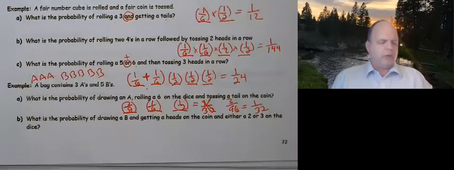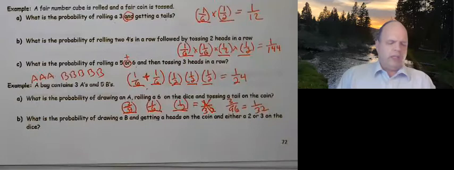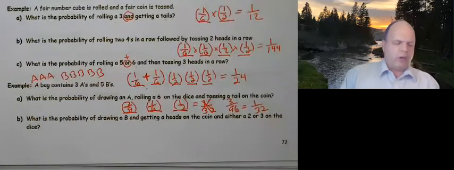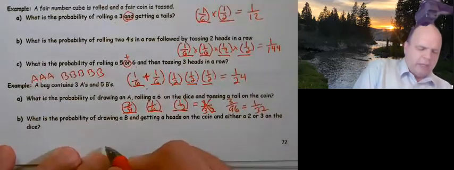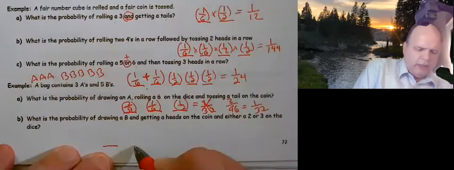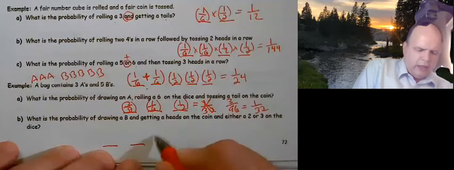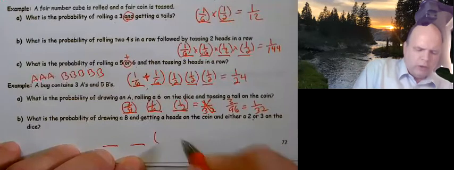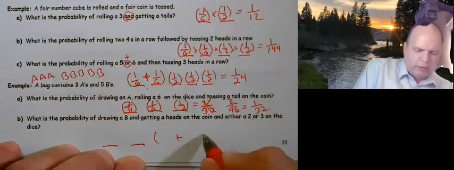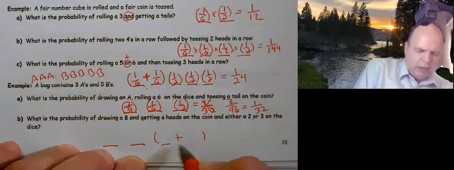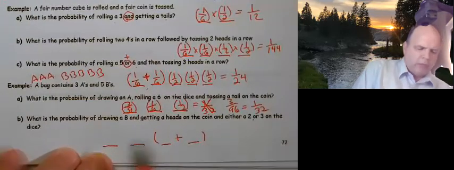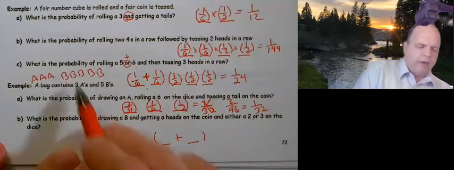What's the probability of drawing a B and getting a heads on the coin and either a 2 or a 3? So we're going to get a B and then getting a heads, and then we have that or, so we're going to put a plus sign because we're adding 2 numbers, and it happens to be a 2 or a 3. Probability of drawing a B, 5 out of 8.